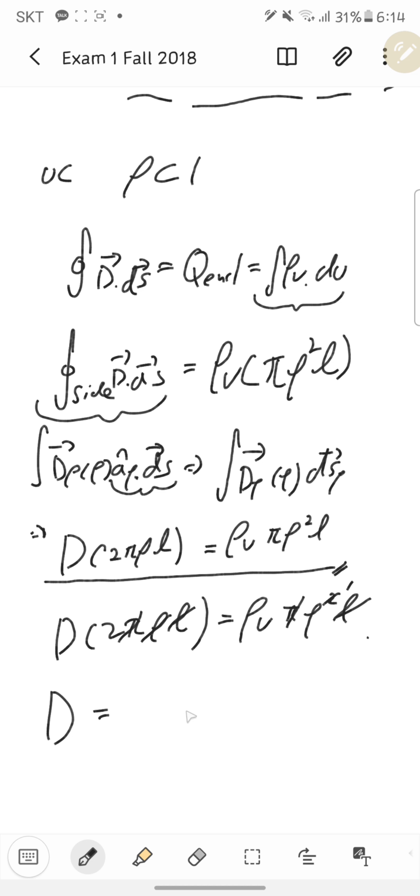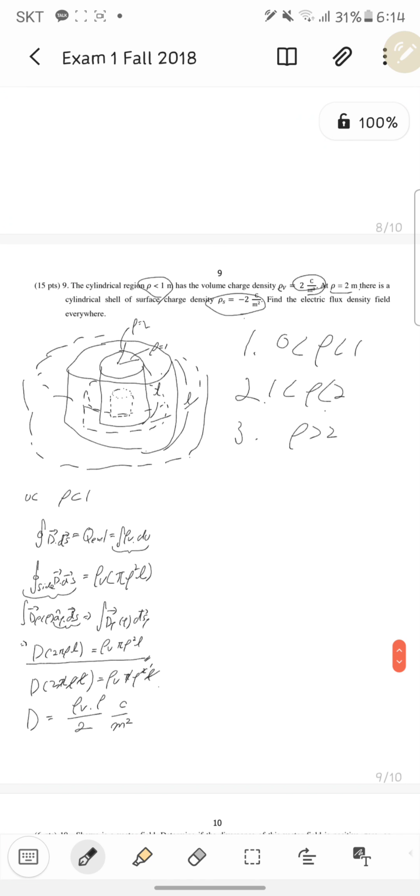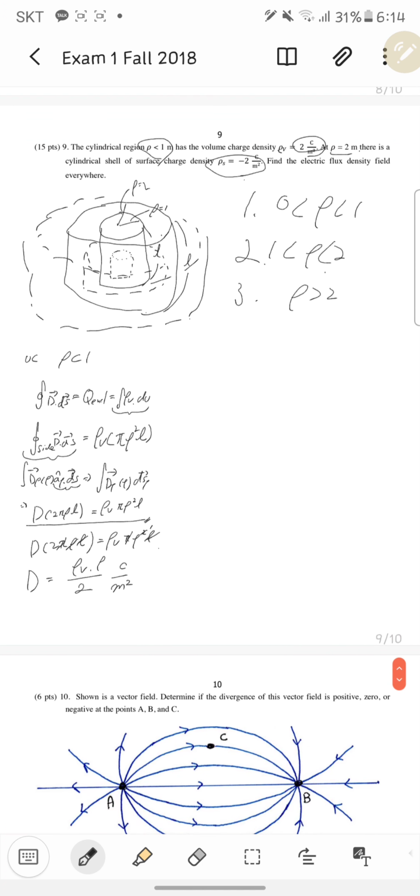And in the end, we have volume charge density times rho divided by 2. And the volume charge density is given by the question right here. It equals 2. So it cancels each other. It becomes rho. So this is our first case.